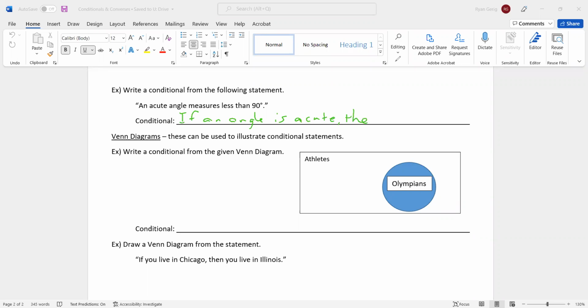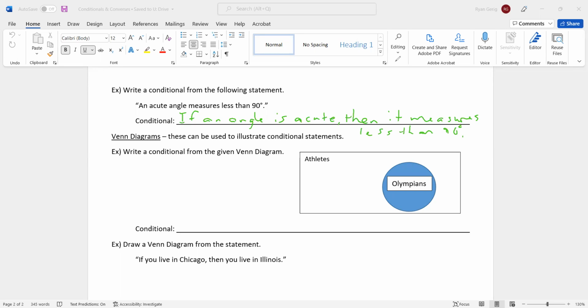Well, then its measure is less than 90 degrees. That's changing it into a conditional statement. I'm not going to do that a ton, but thought you should see it.